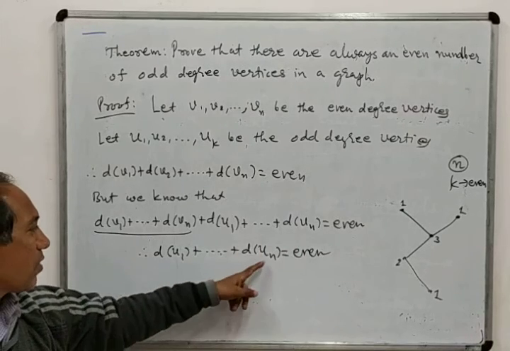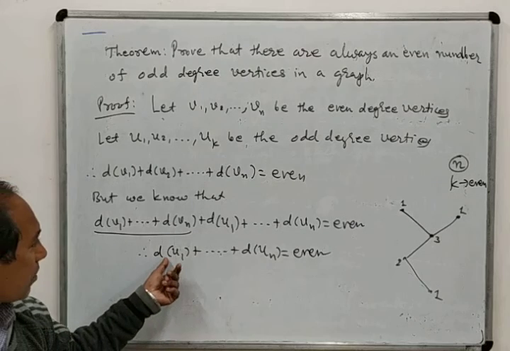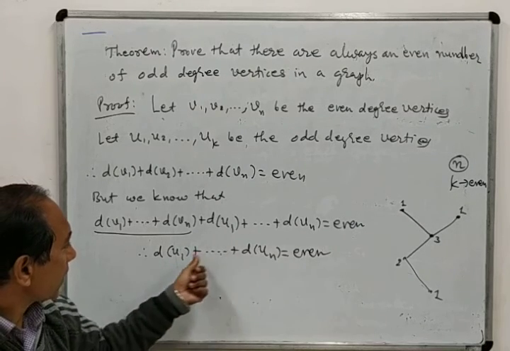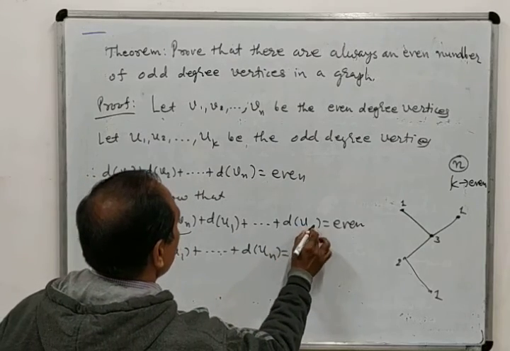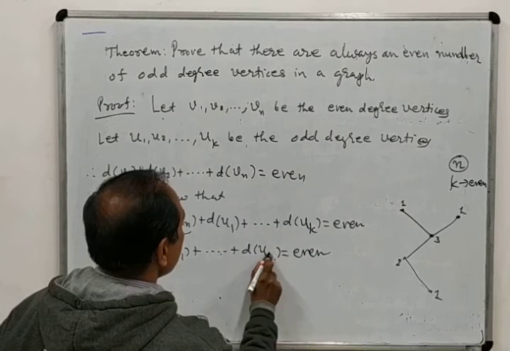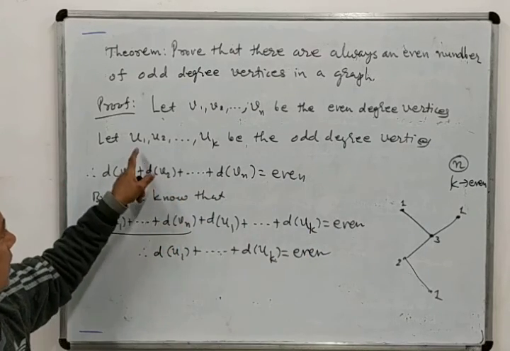So what can we say about k? What can we say about k? That is the total number of these vertices, U1, U2, U3, up to Uk. So what can we say about the total number of these vertices?